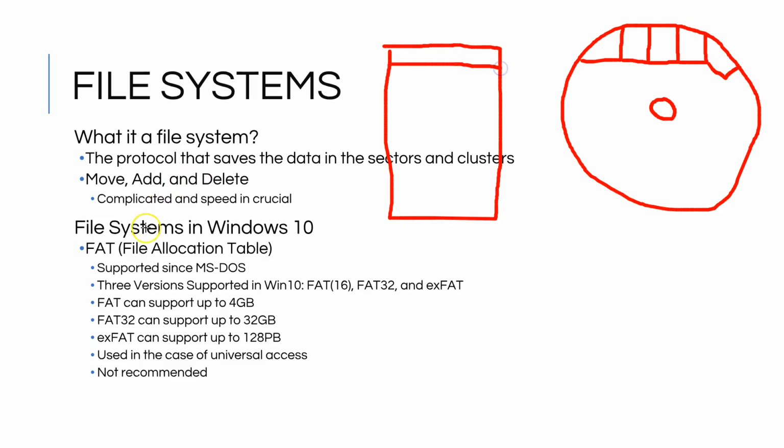In the case of FAT, it's a file allocation table, right? So this table is going to contain all the locations and which clusters, and by the way, it can be spread up into multiple clusters. You can have a file that's taking up this part of the cluster, eats up this whole thing, and then you have the second part of the file eats up part of this cluster. So anyway, it has a giant database of all the locations of the files and which clusters they're located in.